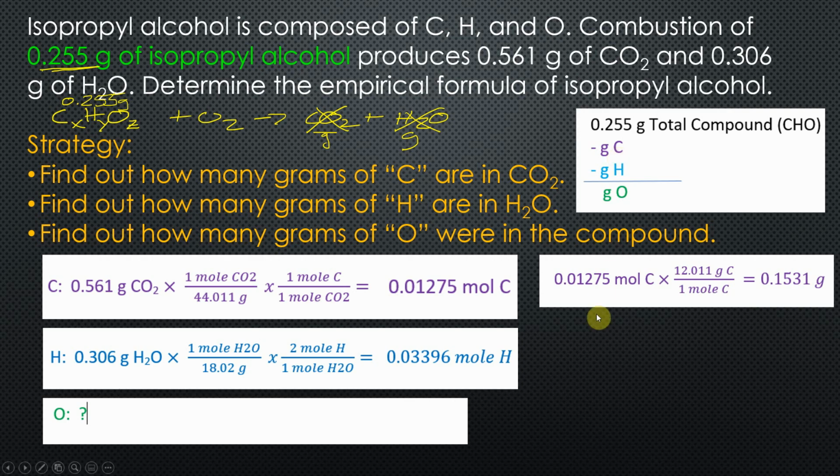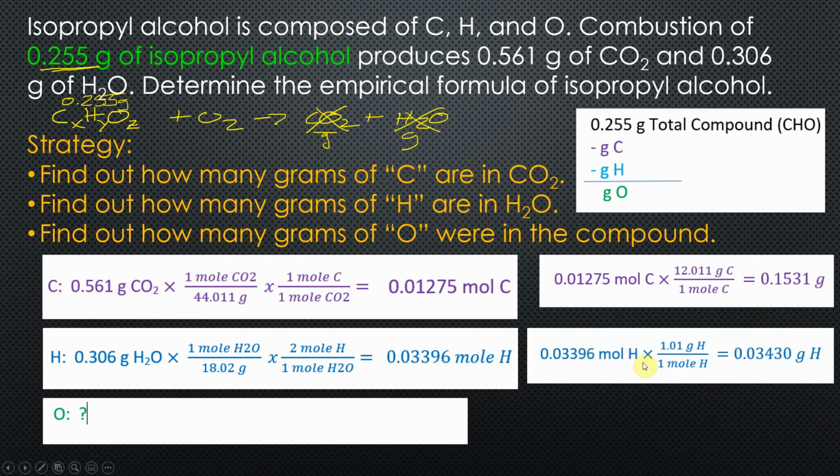Pretty cool. If I do the same thing for hydrogen, convert it to grams, you can see it's a pretty small amount. I do want to point something out. This is the second big thing that I want you to get in your notes. A lot of people are sitting here wondering, why did we not use 2.02? Isn't hydrogen H2? And the answer is no, hydrogen is not H2.